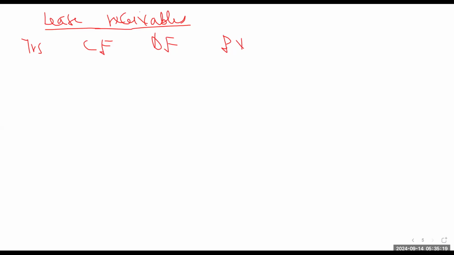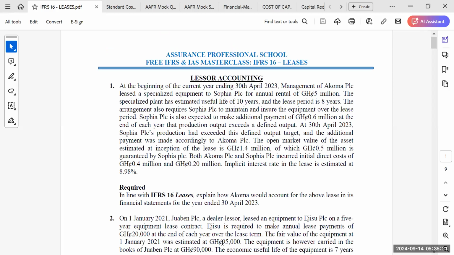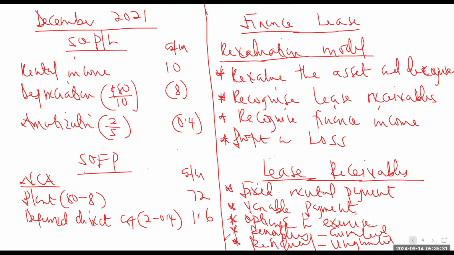So let's pick some tutorial questions and see what we can do. Okay, let me talk about this one before we pick this question. So there can also be, as I've mentioned, a variable payment. This particular variable payment should not be based on any performance condition. This one should be based on something that the entity has no control over, and that is the inflation.